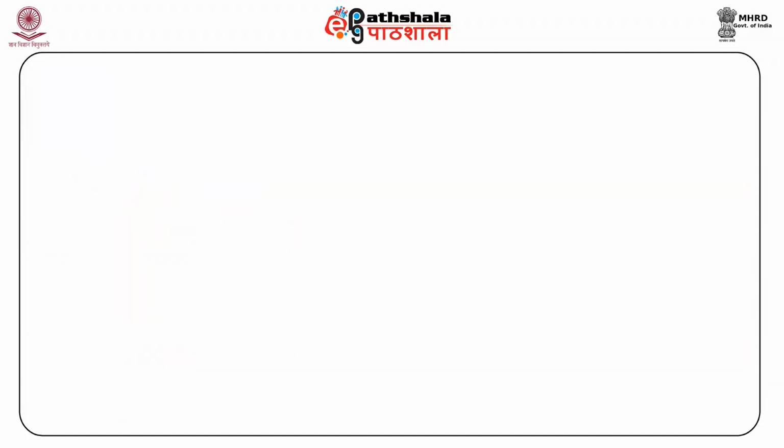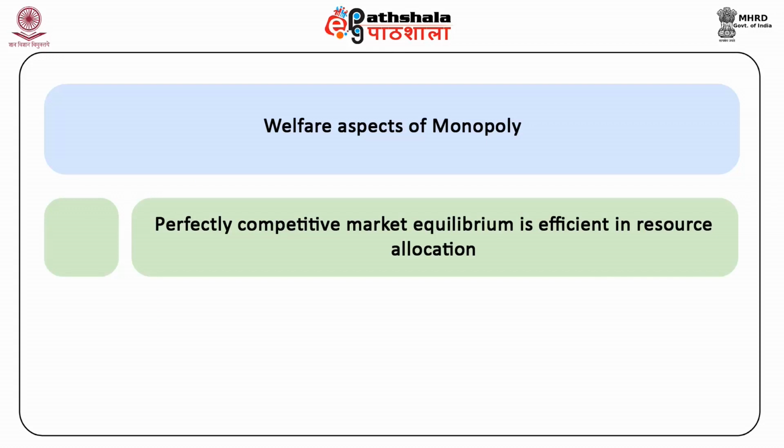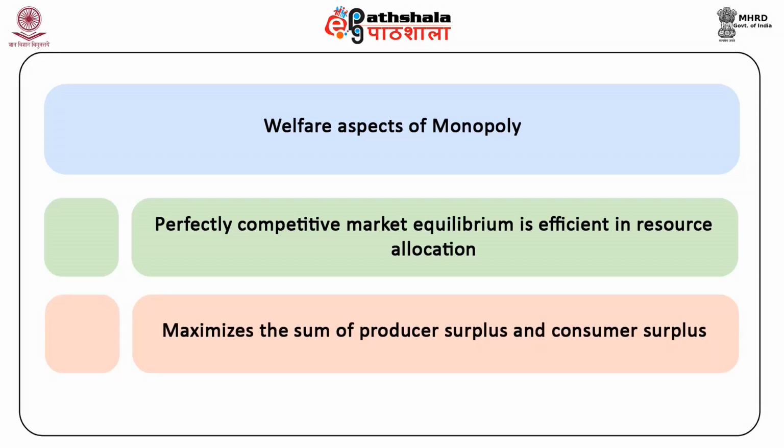We will now discuss the welfare aspects of monopoly. As we have seen, under perfect competition the market equilibrium is efficient in resource allocation, because it maximizes the sum of producer surplus and consumer surplus.